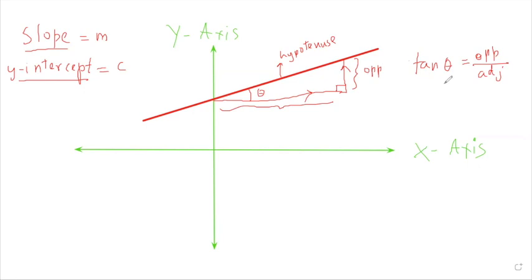Slope is the tan of the angle, or we'll replace tan theta by m. Tan theta is opposite by adjacent, and in a way opposite is like the height, divided by adjacent, which in a way is the length. So that's what slope is.